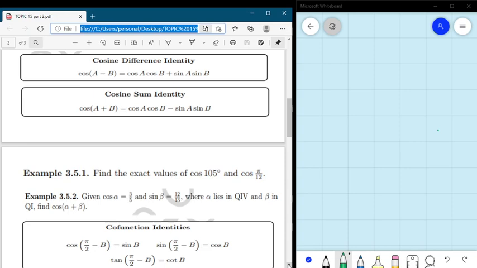And cosine of A plus B would be equal to cos cos minus sin sin.